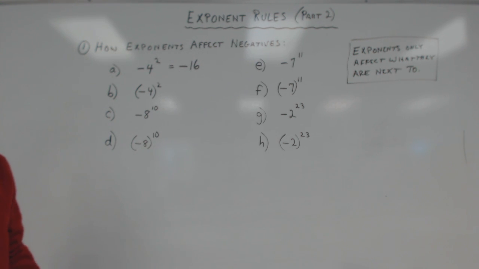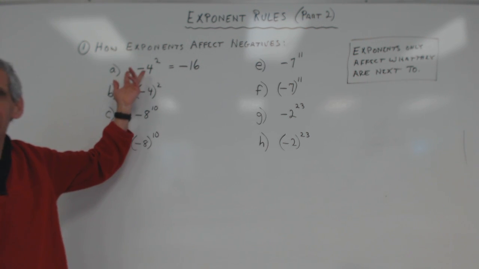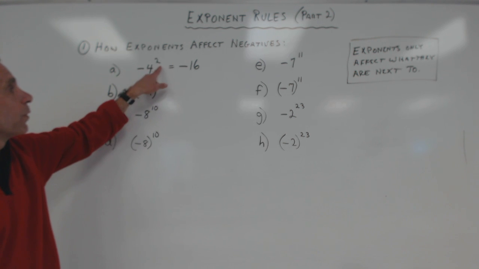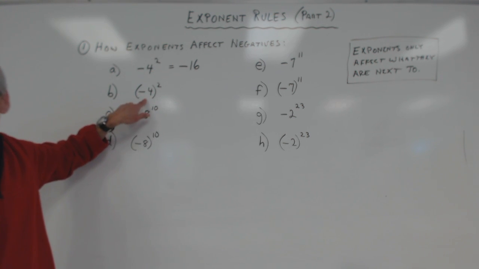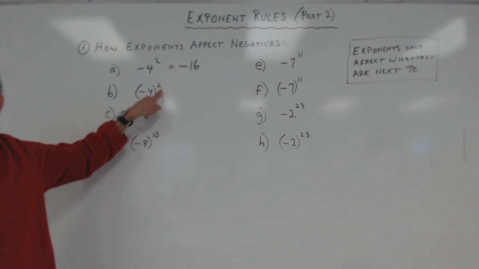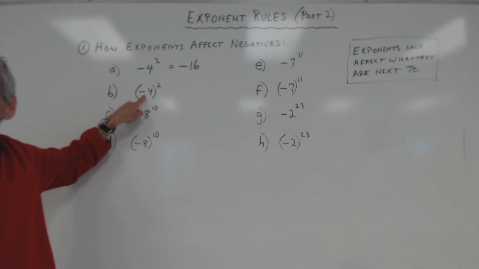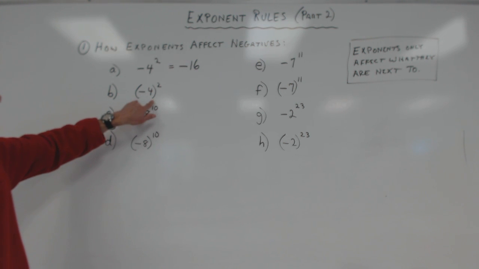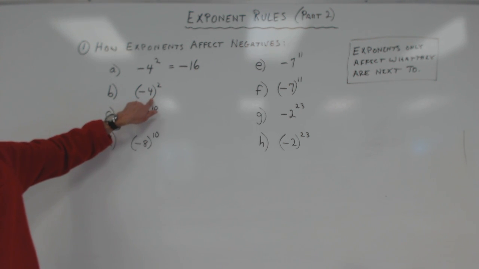Now some people would say, that's weird, because negative 4 times negative 4 is positive 16. But that would be this, where the exponent is next to a parenthesis that includes the negative sign. Does that make sense? So suddenly the base here is negative 4.